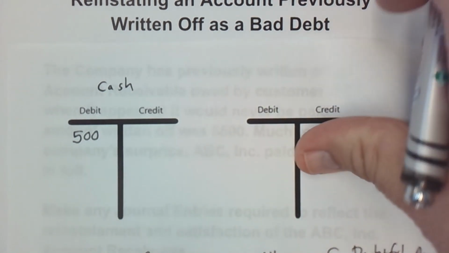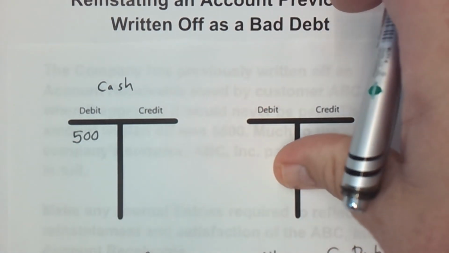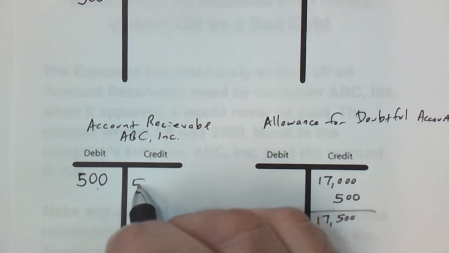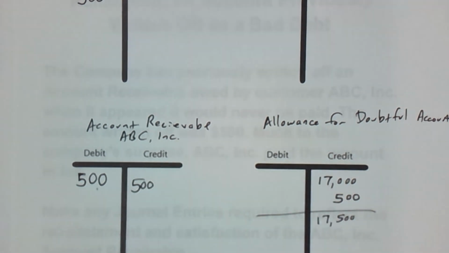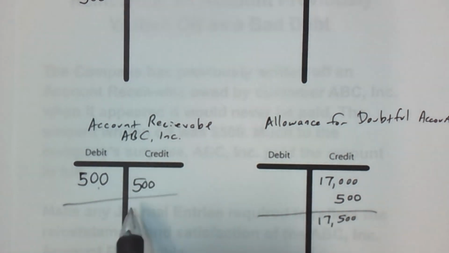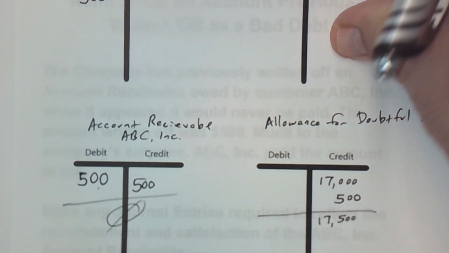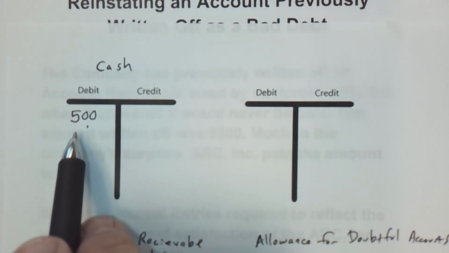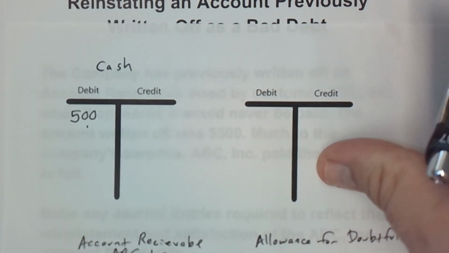Well, we're going to credit the actual account receivable for ABC Inc. because that is the account that's getting paid off. We're crediting it $500. So this account, because these offset, goes back to zero. They no longer owe us any money, and that $500 is added to our cash account, whatever amount it is that we have in there.